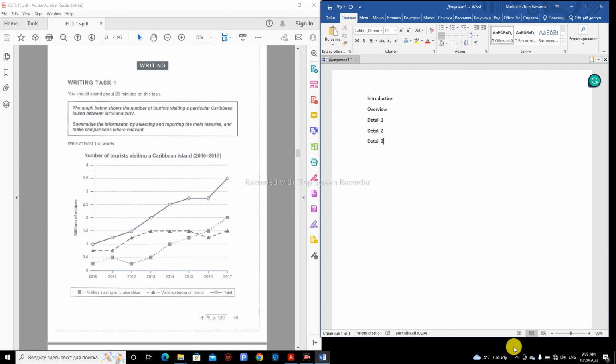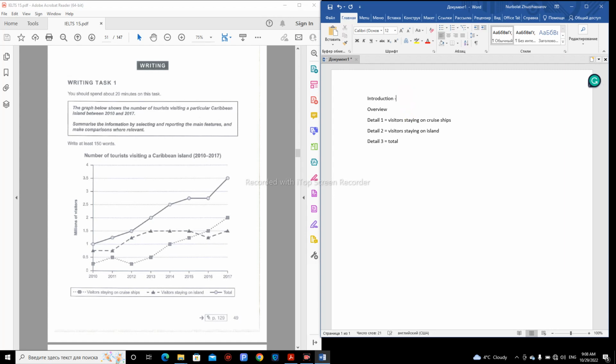The easiest way here, we have 3 lines, and I think it's a good idea to dedicate each line to each paragraph. So detail 1 would be about visitors staying on cruise ships. The second one would be about visitors staying on the island. And the third one would be the total number of visitors.